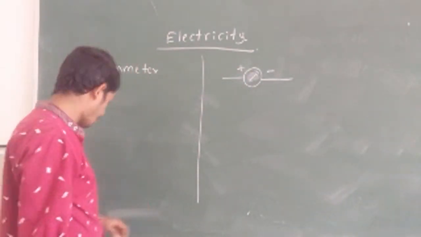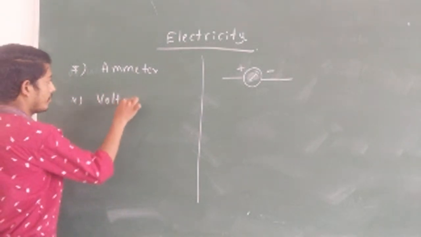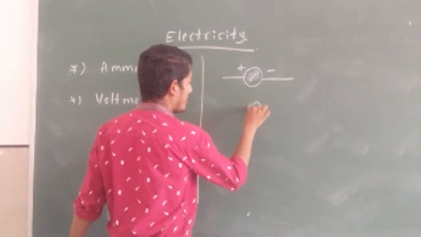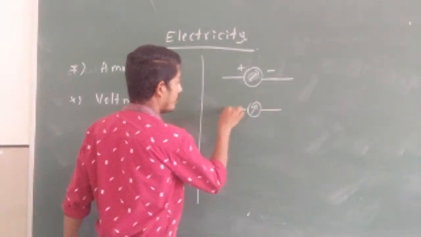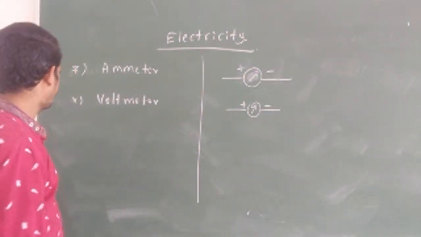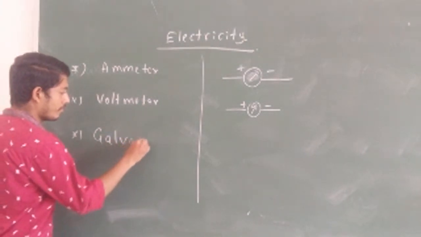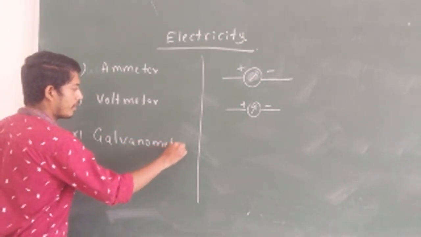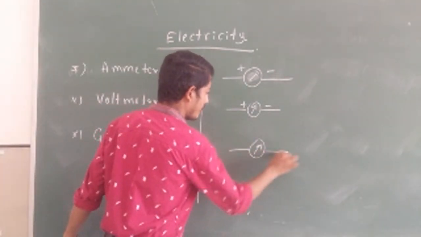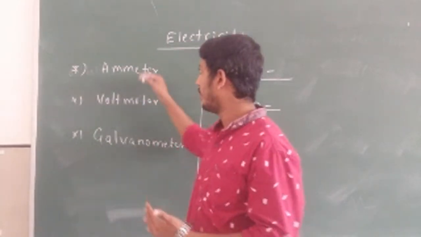And the next one is voltmeter, the same symbol, plus minus. The next one is galvanometer. So here there are three terms.